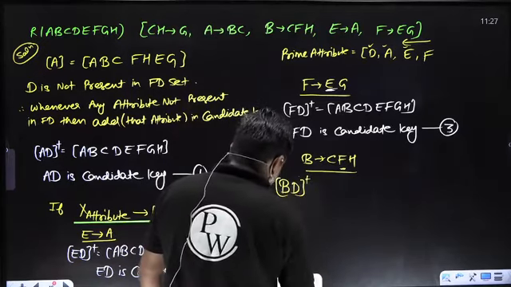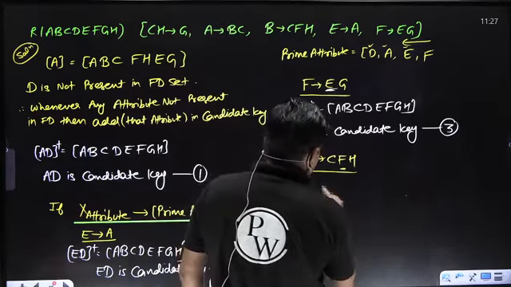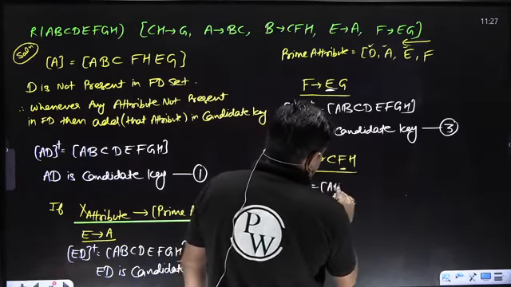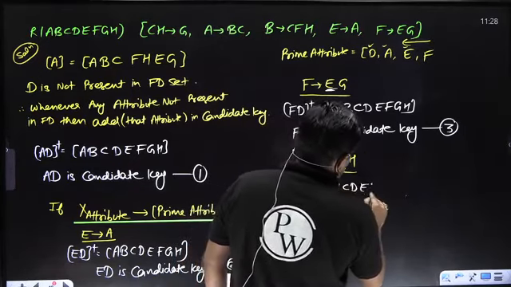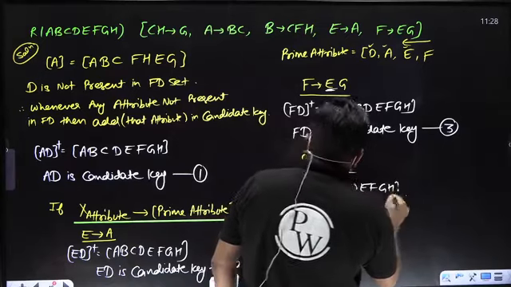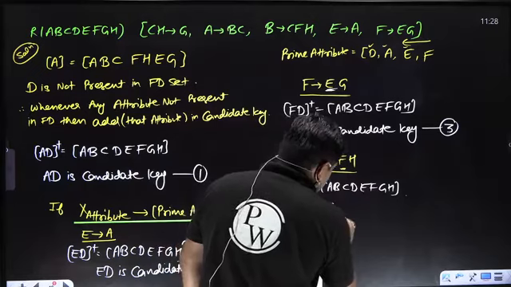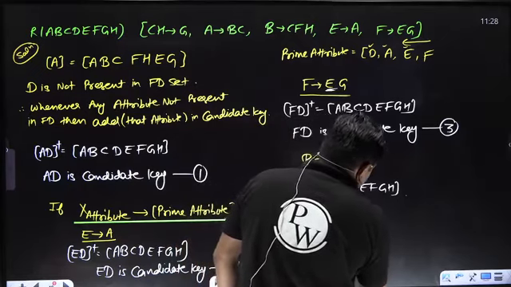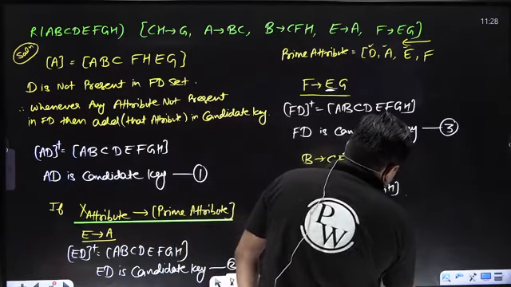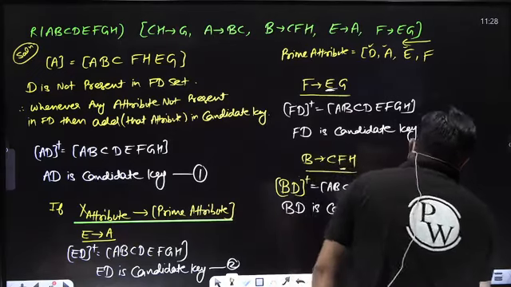When you take the closure of BD, what is happening? A, B, C, D, E, F, G. You are getting all attributes, so BD is a candidate key. This is the 4th candidate key.